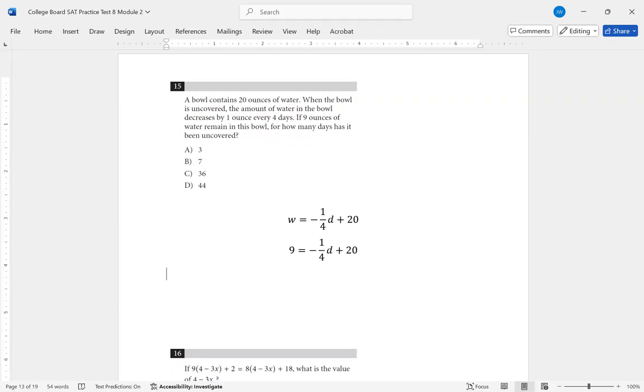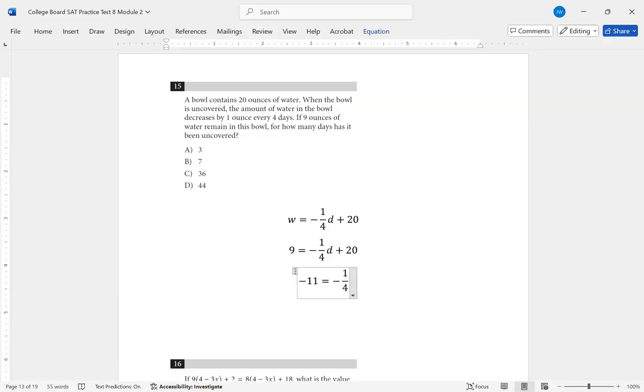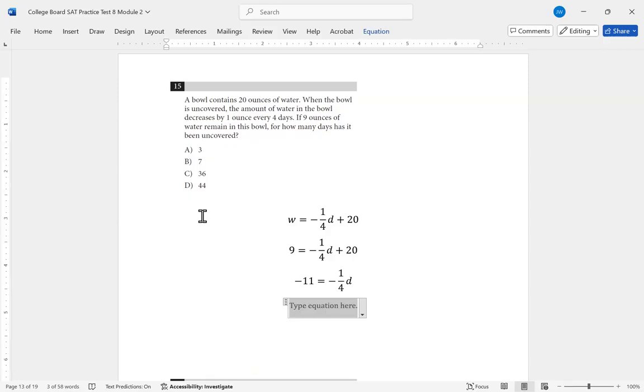I would subtract 20 from both sides. That gives me negative 11 is equal to negative 1/4 times D. And then I could multiply both sides by a negative 4. If I multiplied both sides by a negative 4, I'd get 44 is equal to 1 times D, or just D.